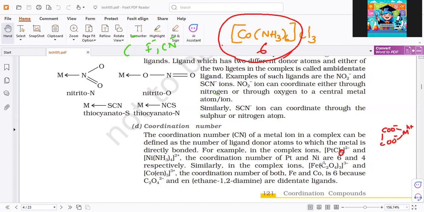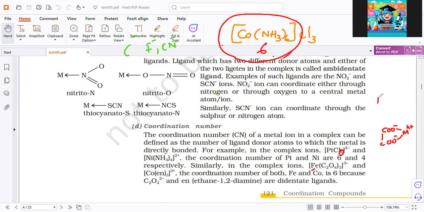Similarly, if we take this complex here, the coordination number of iron is 6. Why is it 6? Because the oxalate ion is a bidentate ligand. It can attach using the 2 oxygens. So each oxalate ion will contribute 2 bonds. So there are 3 oxalate ions.